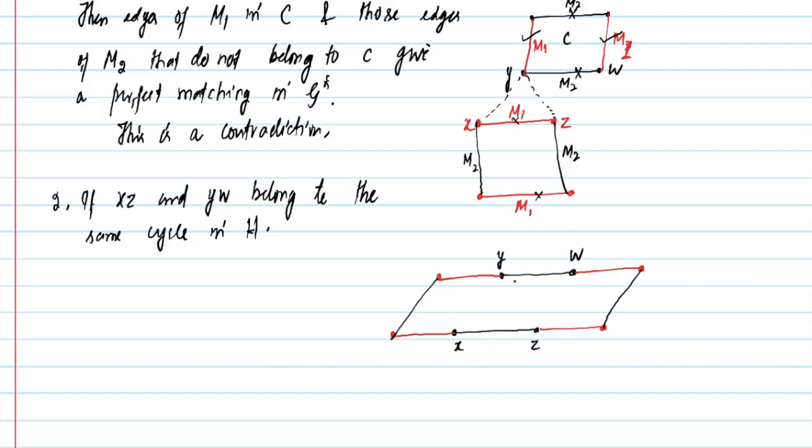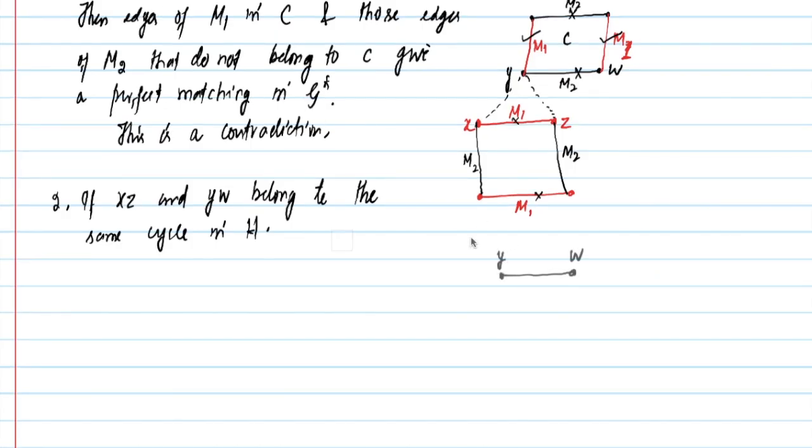Now these black edges, we shall try to construct the edges of M1 and M2 differently. Suppose this is YW and this is the edge XZ. Now here we will have the next edge from the matching M1, and similarly here an edge from M1, and here a matching edge from M2, and also an edge from M2, and so on like this.